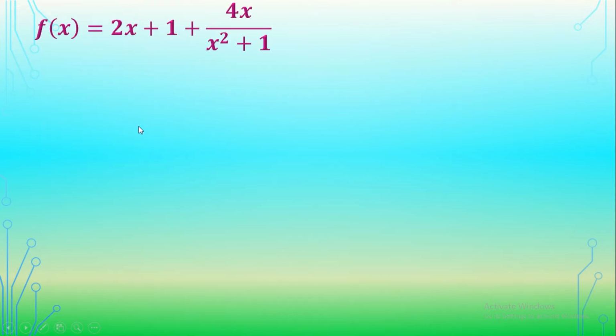Now let's find it. We have f of x is equal to 2x plus 1 plus 4x over x squared plus 1.